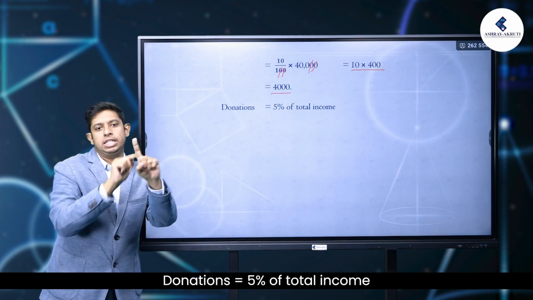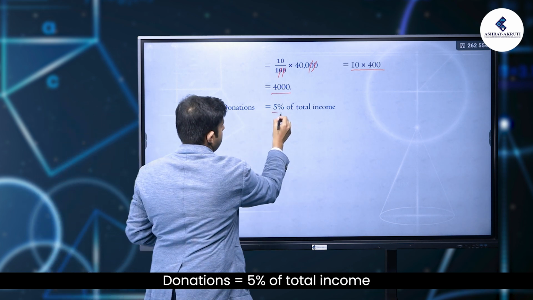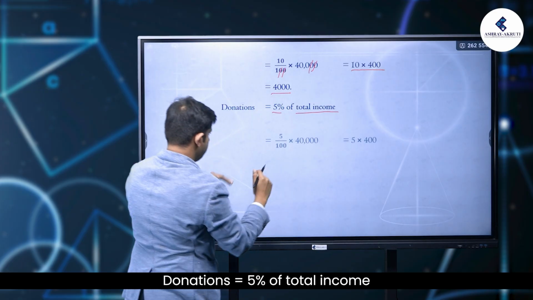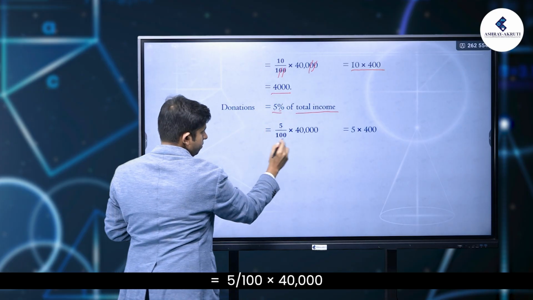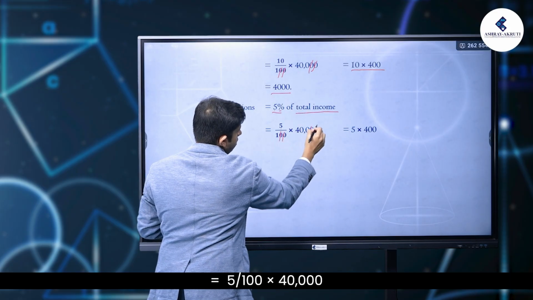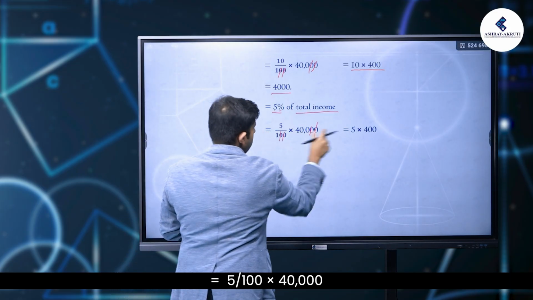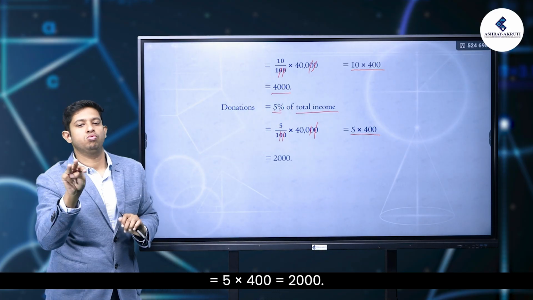Donations is equal to 5% of total income. 5 by 100 into 40,000 equals 5 into 400, which is 2,000.